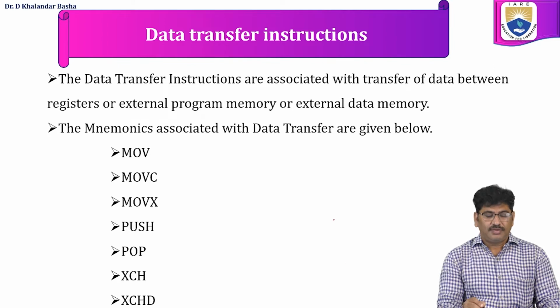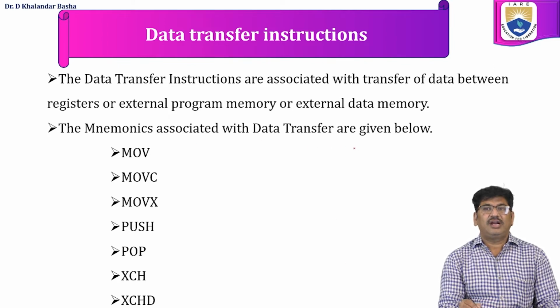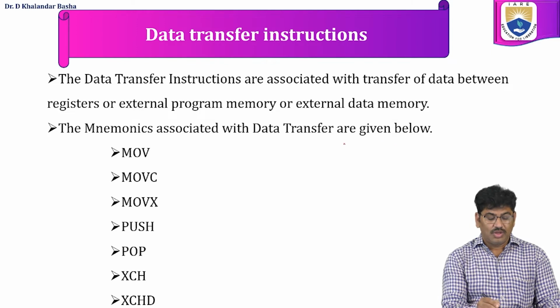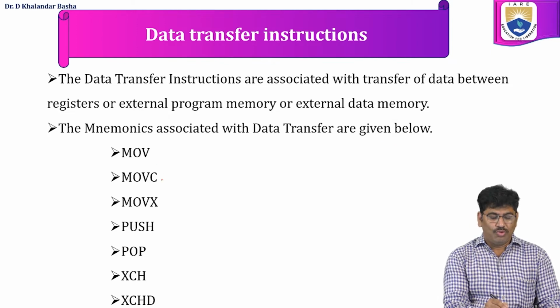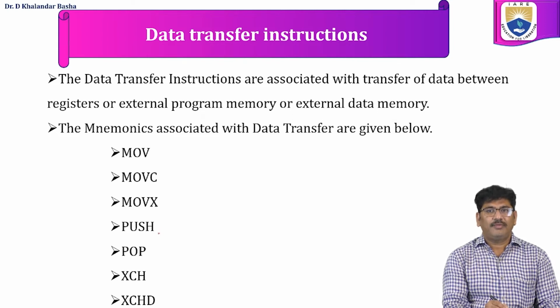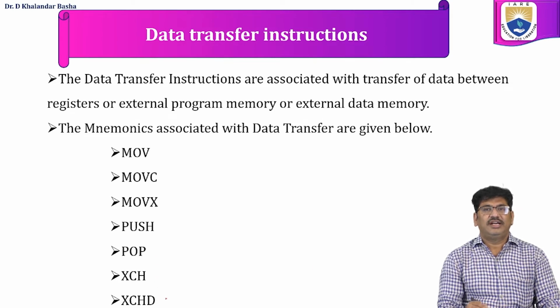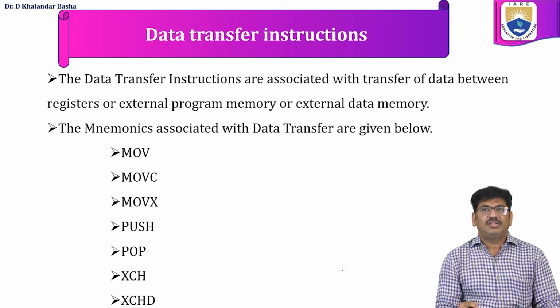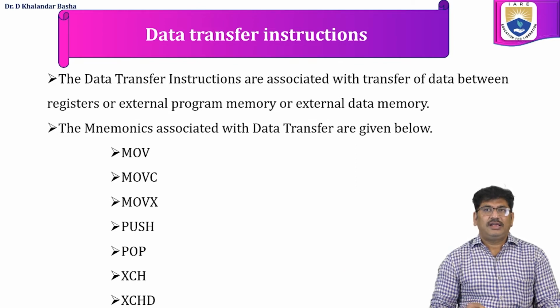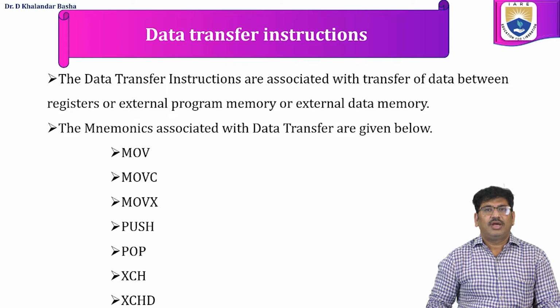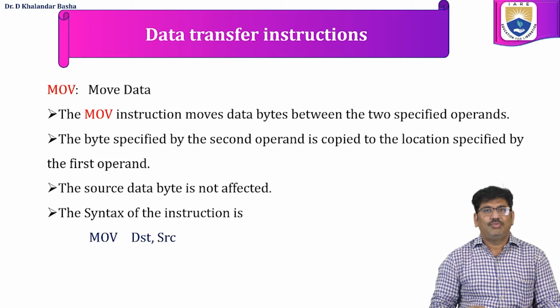The mnemonics associated with data transfer instructions are move, move code byte, move external memory, push the data onto the top of the stack, pop the data from the top of the stack, exchange, exchange digit. These are the data transfer instructions. Now we will move to the first instruction, which is the move instruction.